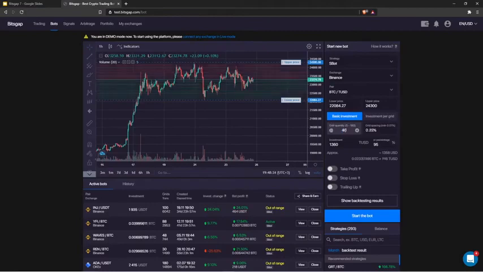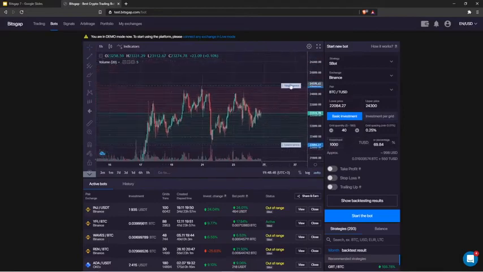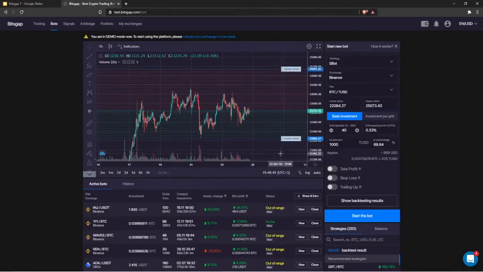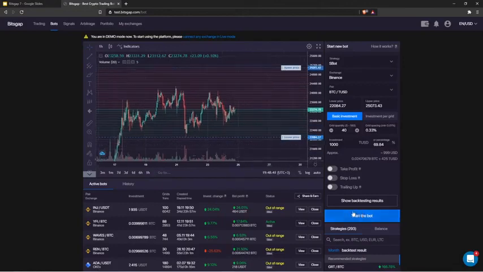So let's say 40 grid levels, 1000 USDT, and maybe a different trading range. So if you launch this configuration and the previous one I had on USDT, this is the way you can diversify with different trading configurations on the same crypto.